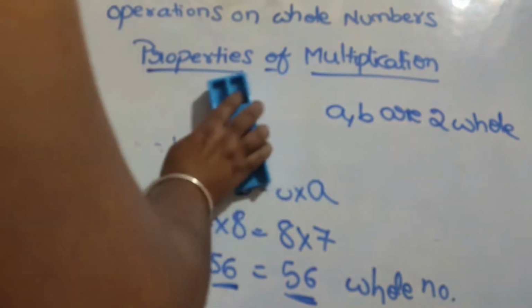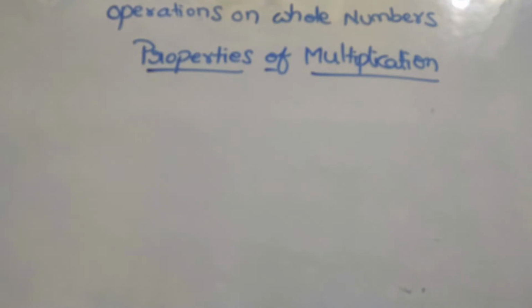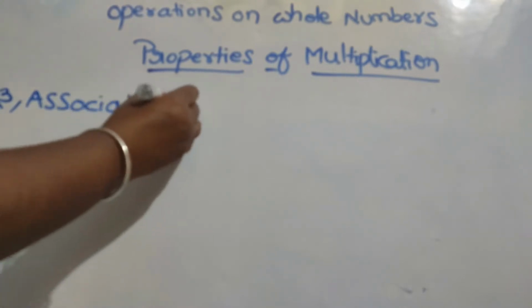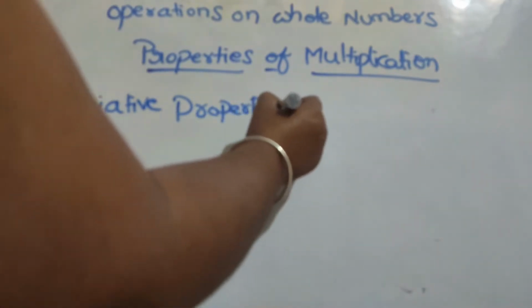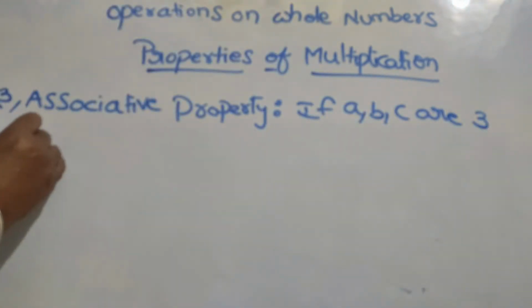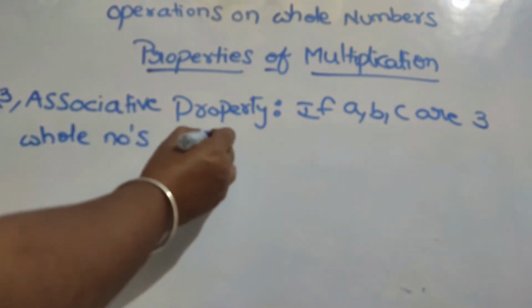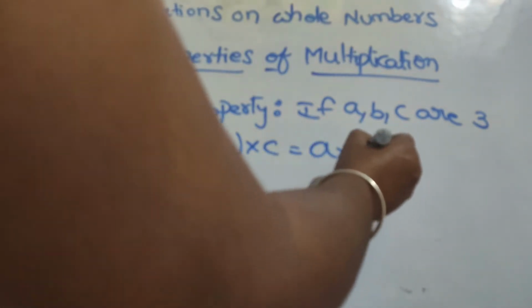And the third one, the associative property. If a, b, c are three whole numbers, (a into b) into c is equal to a into (b into c).